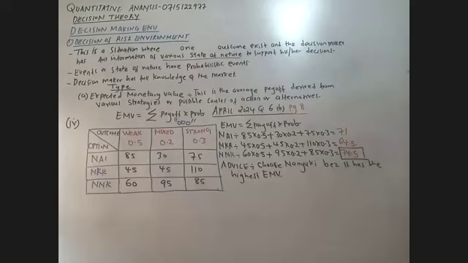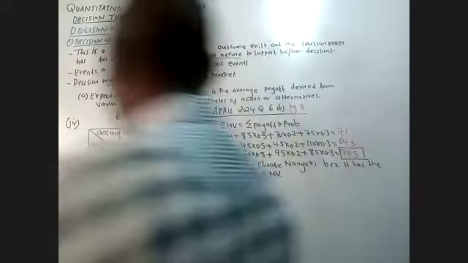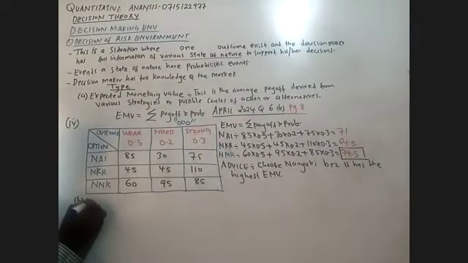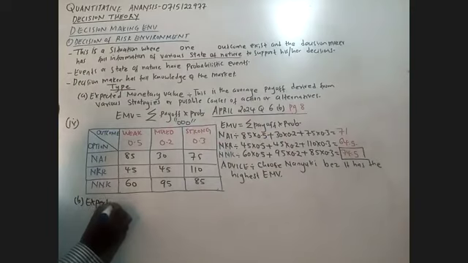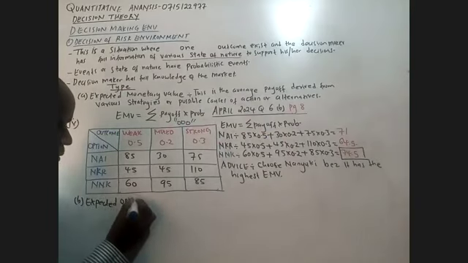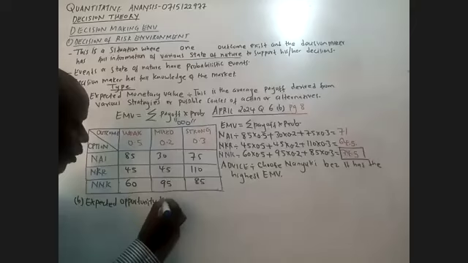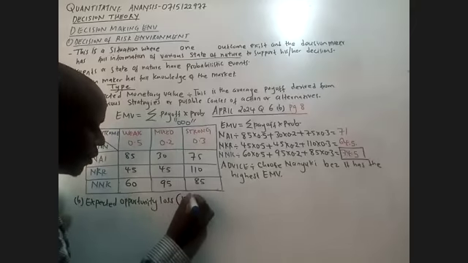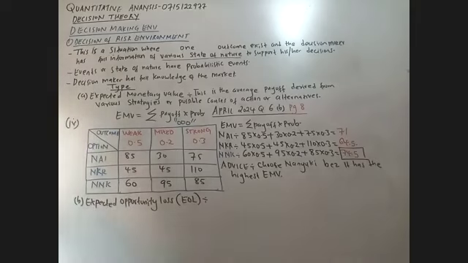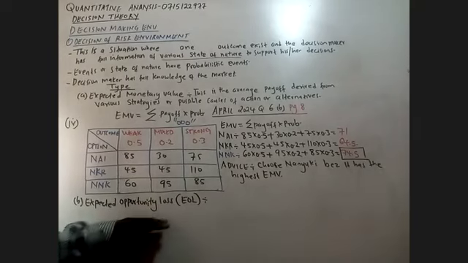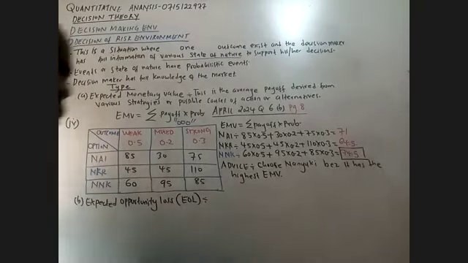Let's go to part B. In part B, let us talk about expected opportunity loss, written as EOL. When we talk about expected opportunity loss, we are talking about the regrets.